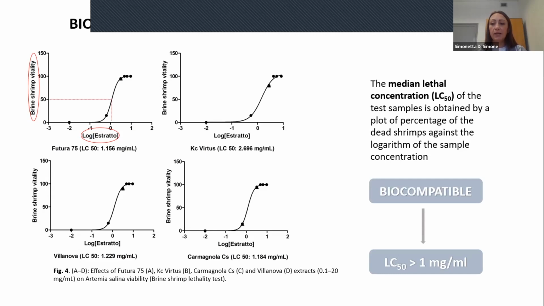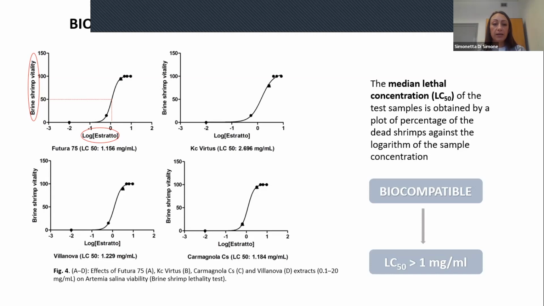In this study, you can see in these 4 graphs the same 4 aqueous hemp variety extracts that we have seen in the allelopathy assay before, tested on brine shrimp in a concentration range between 0.1 and 20 milligrams per milliliter.